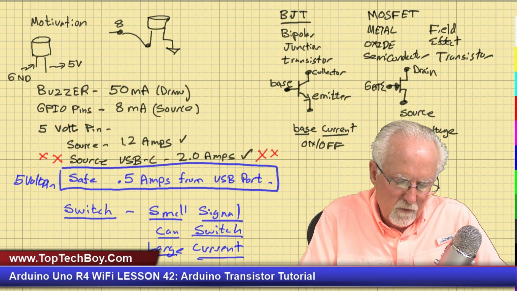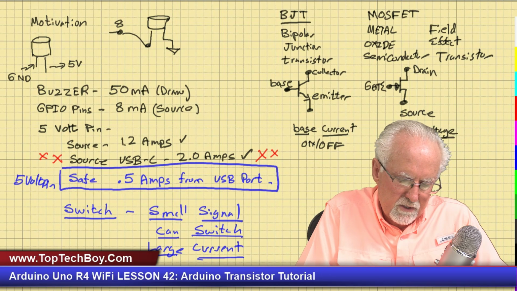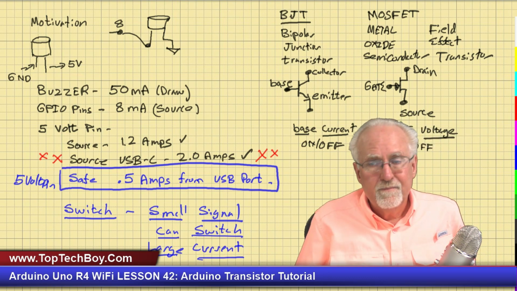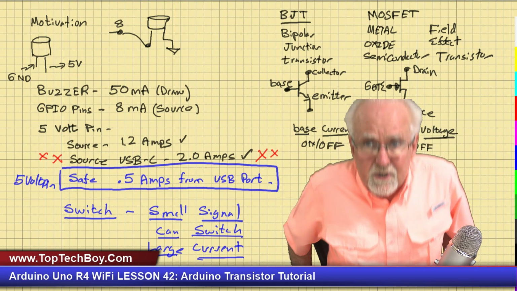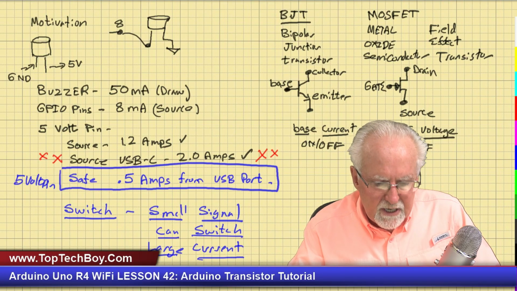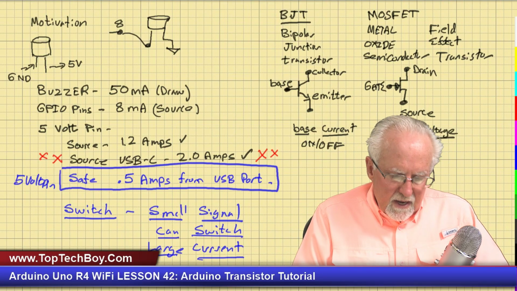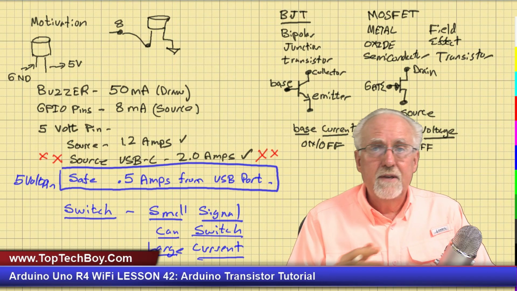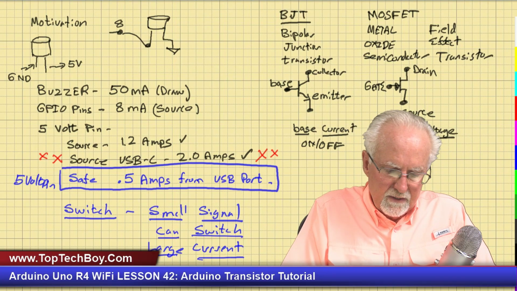The gate voltage turns the transistor on or off. Okay, so the BJT transistor is a current controlled device, and the MOSFET is a voltage controlled device. And I'll get into this in a minute.